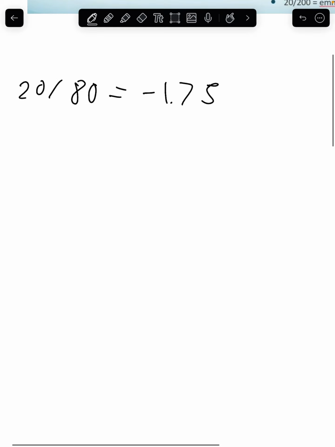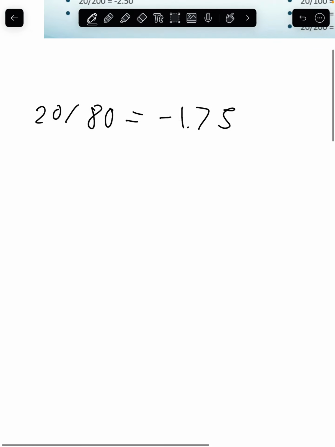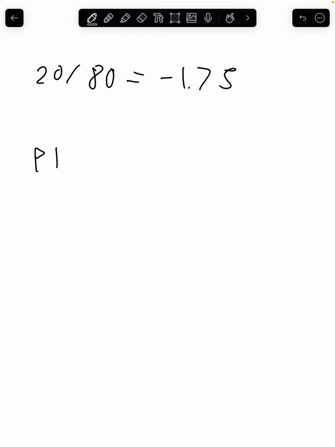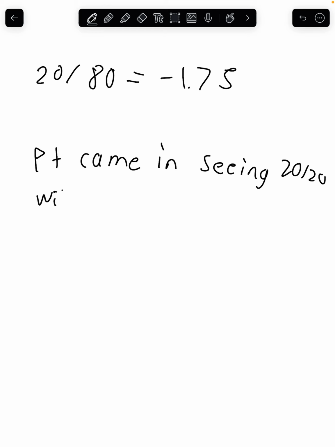Now, we don't need to memorize the hyperopic table if we can memorize the myopic table. So let's say a patient came in and they were seeing 2020. And then with the plus 250 glasses on, they saw 2080.